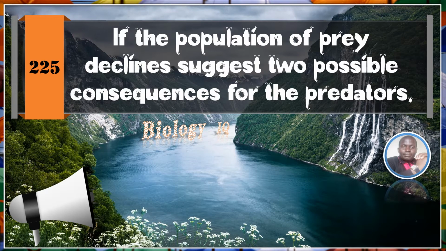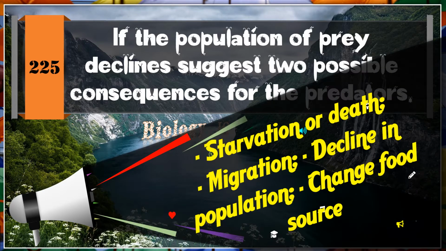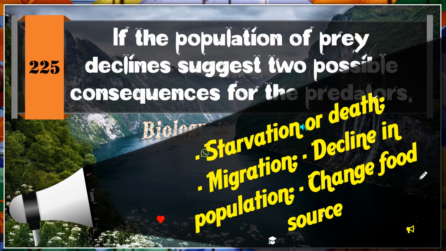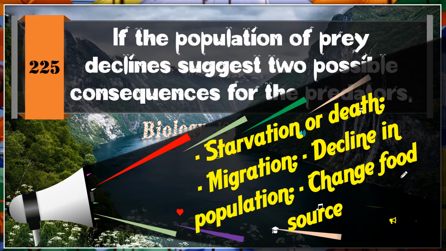If the population of prey declines, suggest two possible consequences for the predator. Starvation or death may occur. Migration, there can be decline in population, and they might change food source.